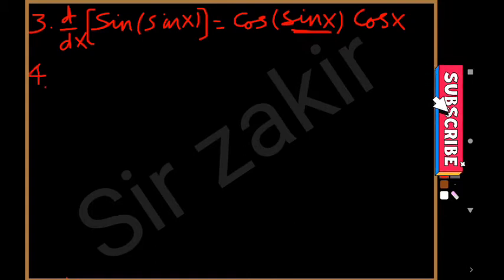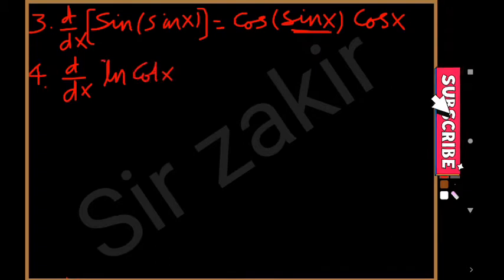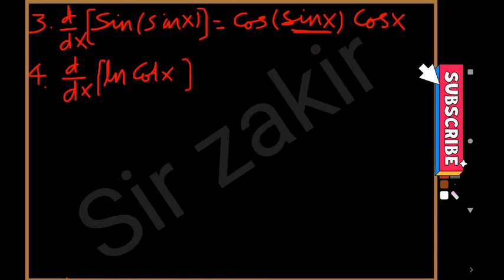After that we have number 4: d by dx of natural log of cotangent x. We know the derivative of the natural log function is 1 by the value on which log is applied, and then the derivative of that function.